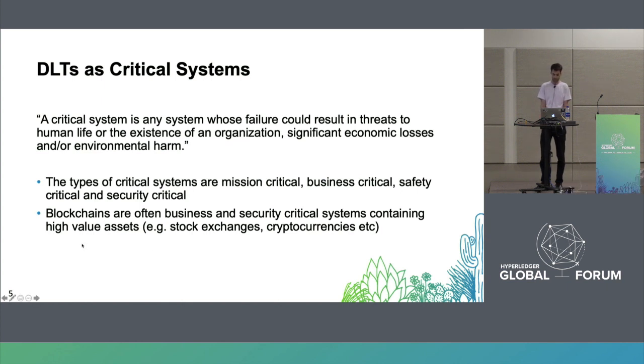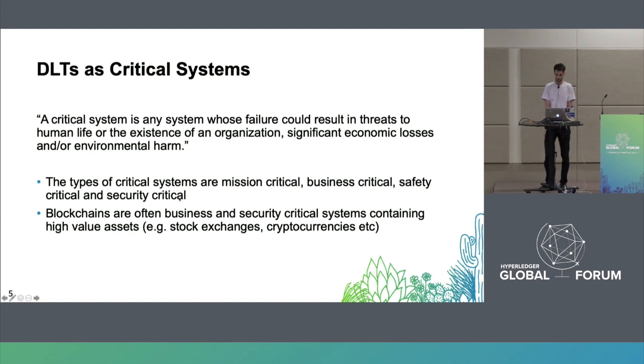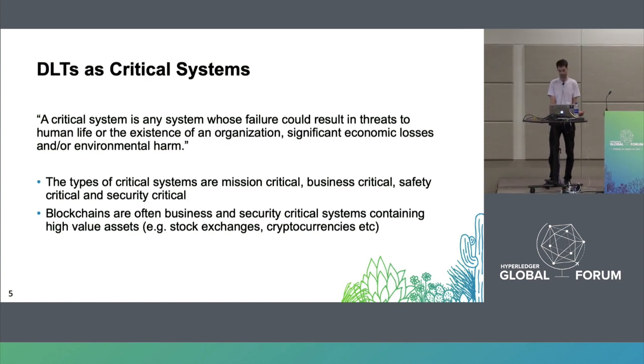And critical systems, the code needs to be treated in a much more rigorous way than in non-critical code to ensure that it does what it's intended to do. So blockchain is a great use case for this because it's both a business critical and a security critical system containing high-value assets. And like I mentioned before, stock exchanges are an example of that, and also cryptocurrencies.